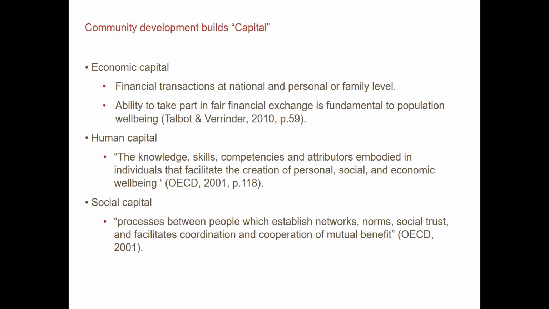There's also human capital. Human capital is about the knowledge, habits, and personal and social attributes, things such as creativity, for example, which are embodied in communities and in the ability to perform labour.